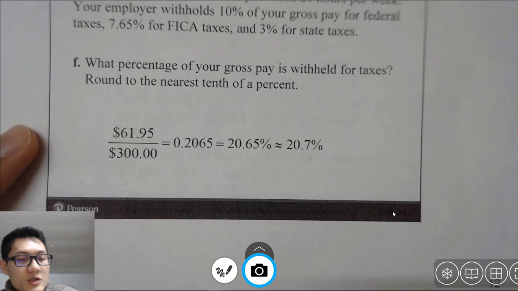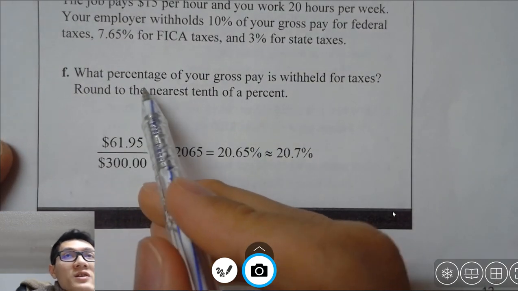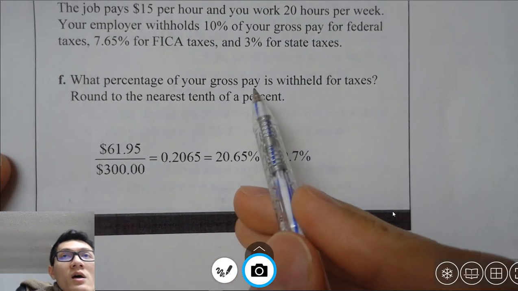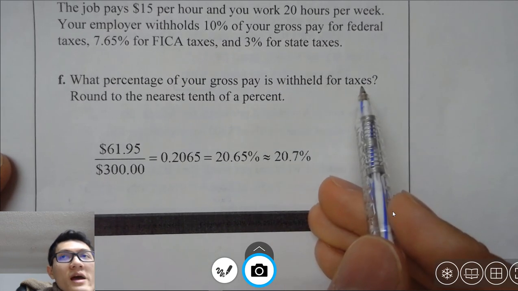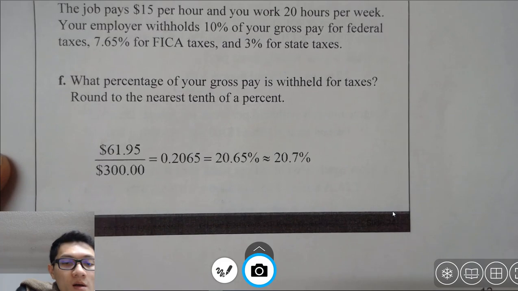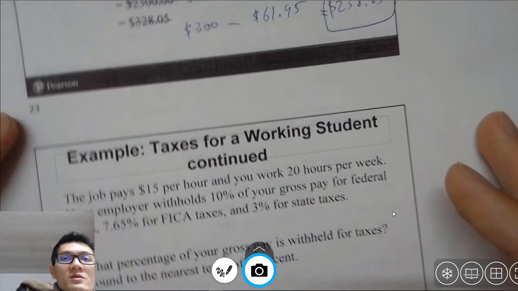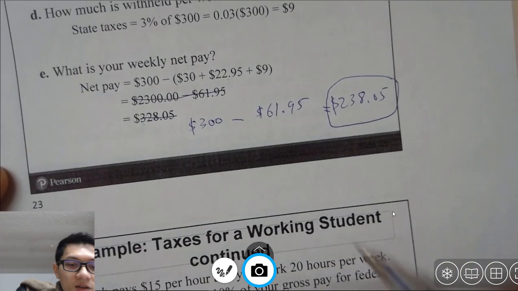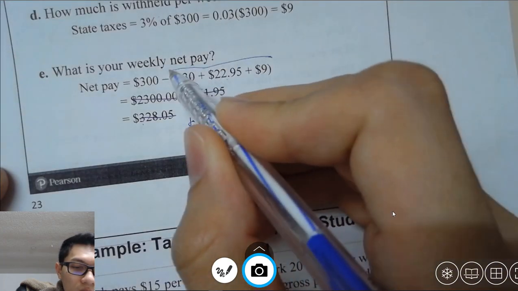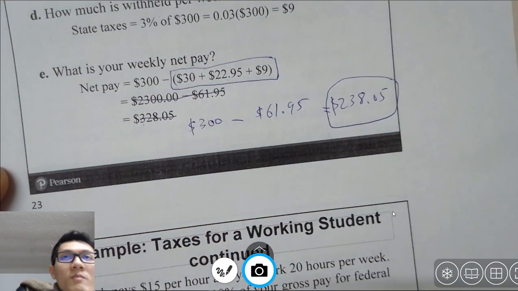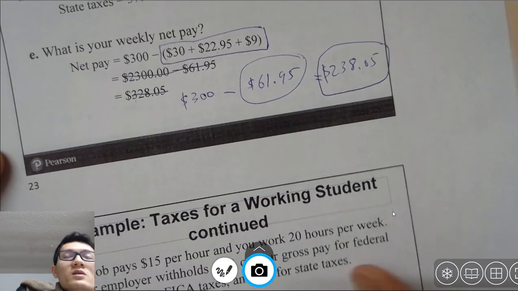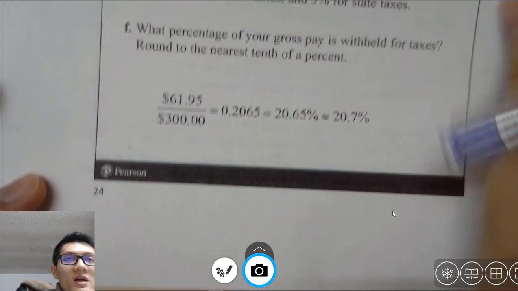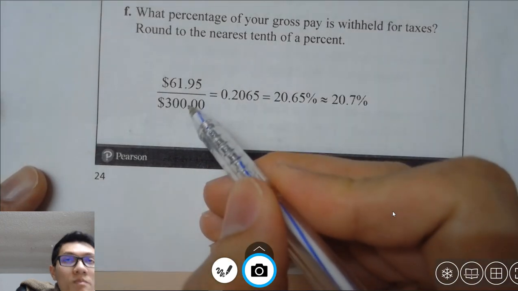And then the last question, they ask you, what percentage of your gross pay is withheld for taxes? They ask you what is the proportion of that. Okay, so this is all the taxes that you pay. Together, they are $61.95. So we take that ratio comparing to the gross pay.